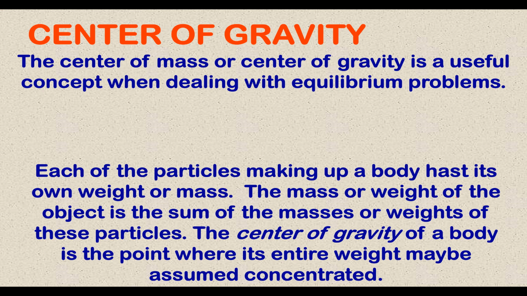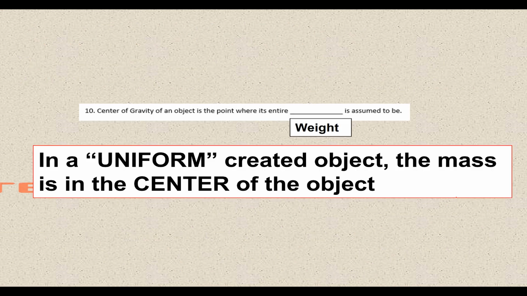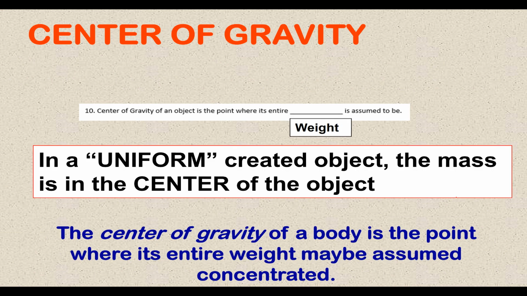And this center of gravity of the body is the point where the entire weight may be assumed to be concentrated. In Physics 12, the center of gravity in an object is where its entire weight, Fg, will be assumed to be. And in a uniform object, the mass is in the center of the object. Got it?